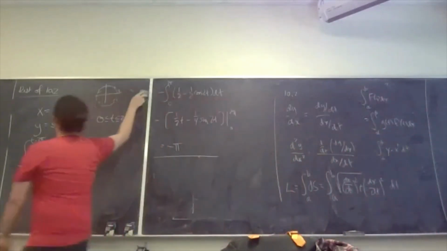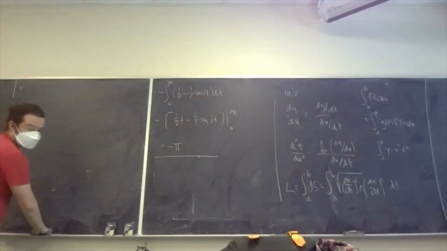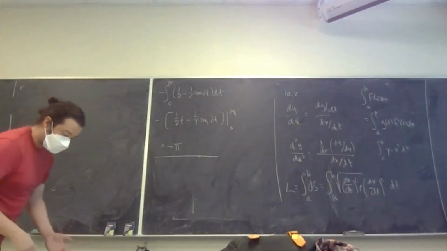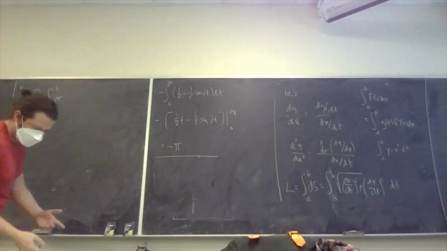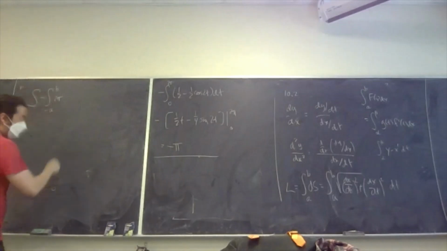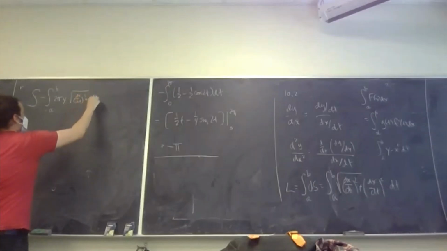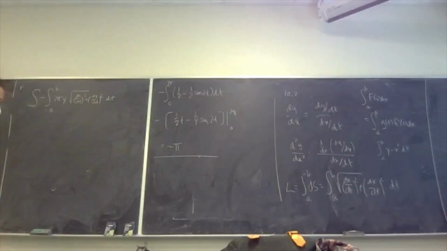The last idea, I'll just write down as a formula so you've seen it. If you're interested in the derivation, you can look at it. It is the standard formula for surface area: the integral from a to b of 2 pi. There are a couple of different ways to write it; I'll write the y version. 2 pi y times the square root of (dx/dt) squared plus (dy/dt) squared, dt.